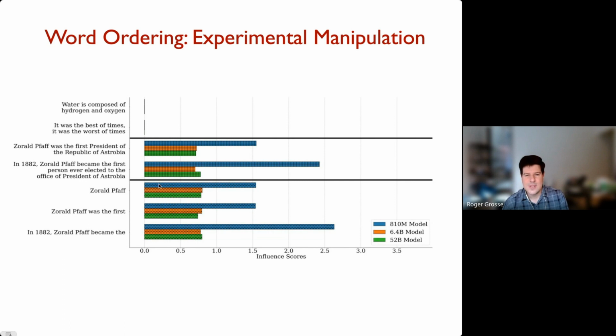And so what this is showing is that, as fancy as these large models are, they have this very surprising lack of generalization to flipped word orderings. At least according to the influences. Right? From this experiment, we know this is true of the influences. We don't know if this is true of the actual model training.